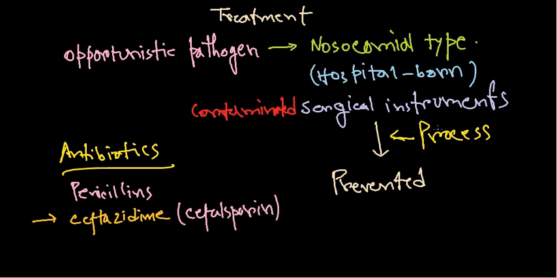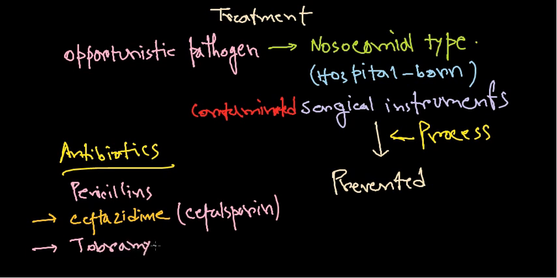Usually we can prevent most of the infections by simply processing the surgical equipment as well as processing our food and all these things perfectly. If the infection is onset, we can use these penicillins or cephalosporins, and also we can use tobramycin.